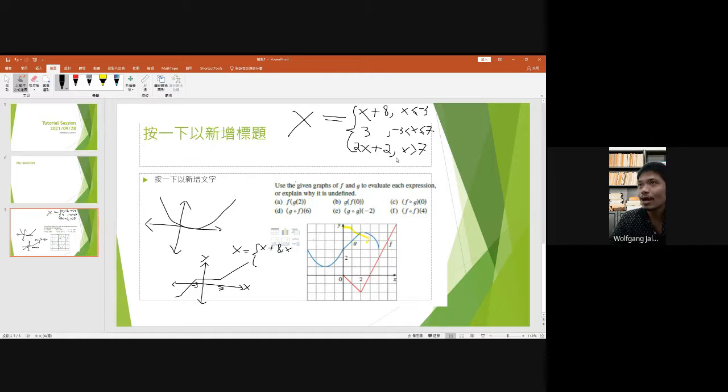So now the function can change when the domain changes. We will deal with something like this. Does everybody understand, or is it confusing? Okay, good. That's one of the main differences.